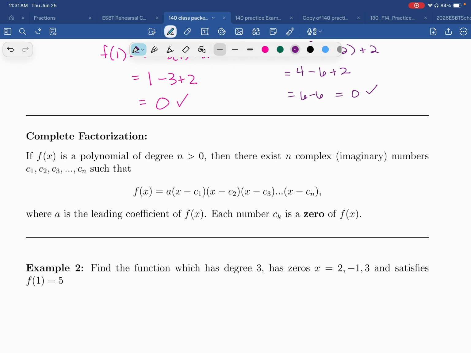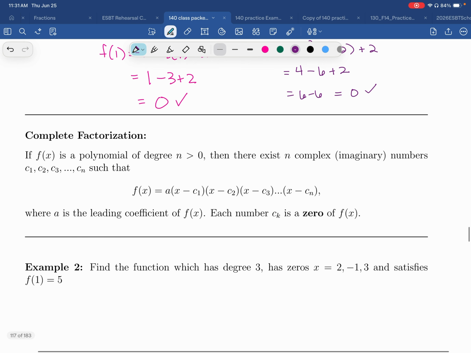And there exist n complex numbers such that this. So basically, they can be real or they can be imaginary, okay? And you have n of them because your degree is n, and that should match up. Where a is the leading coefficient of f of x, and each number is a 0.